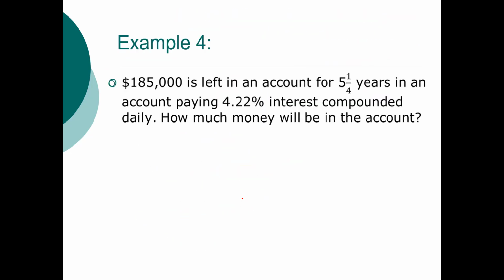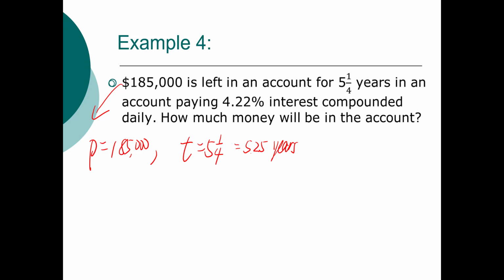So we have $185,000 left in the account for 5 years in an account paying 4.22% interest compounded daily. Okay. How much money would be in the account? So we're still looking for the ending balance. So here, 185,000, that's the principal. And we know time t, right? Time t is 5 years, and so it's 5.25 years.